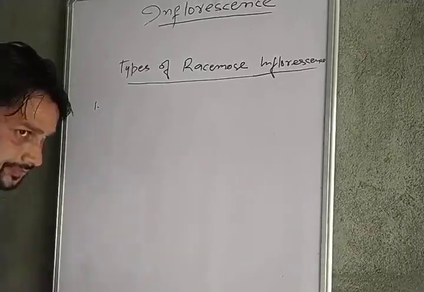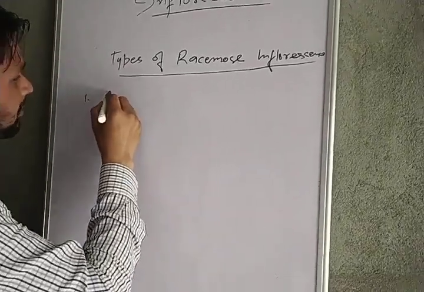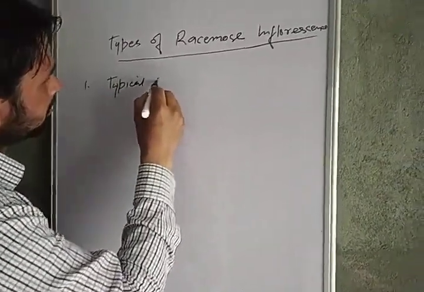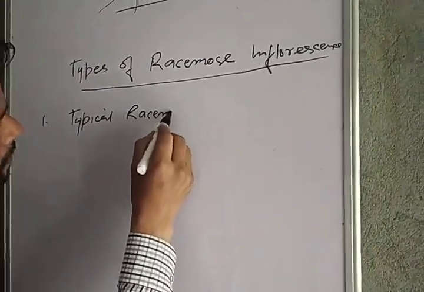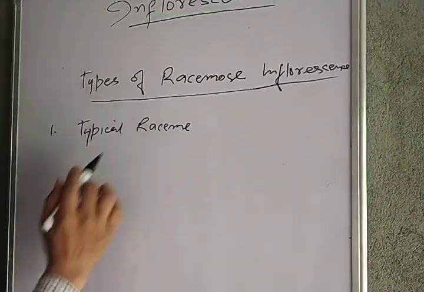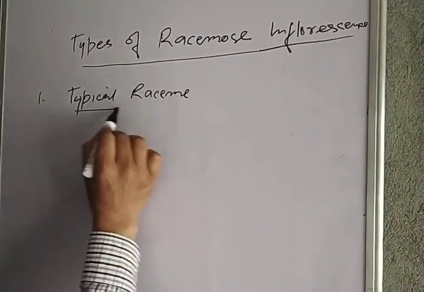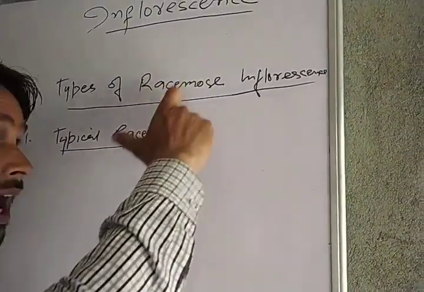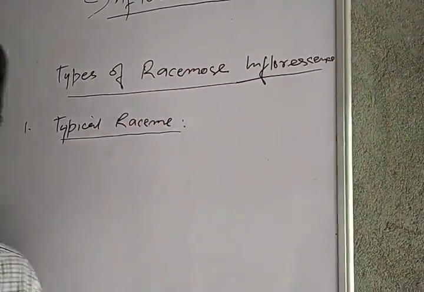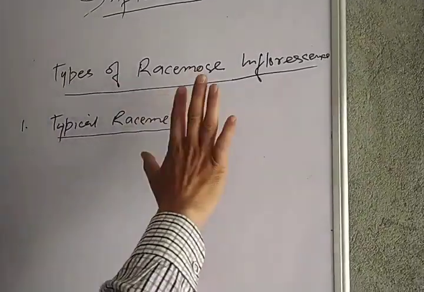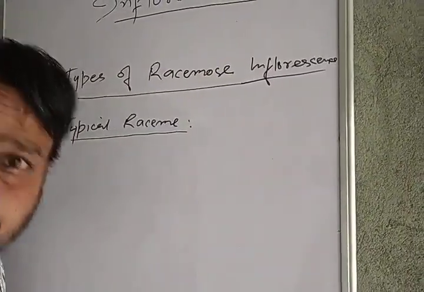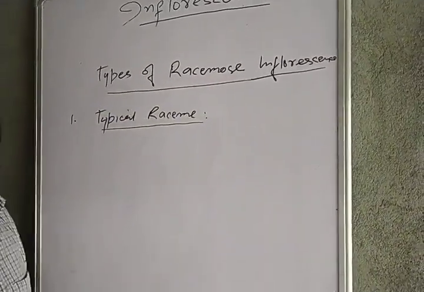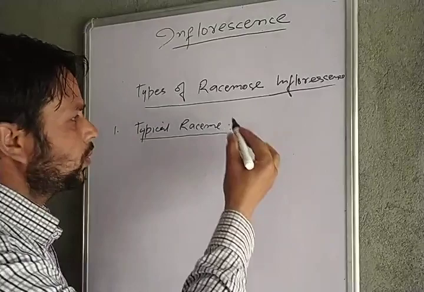Number one is typical raceme. Now, what is a typical raceme? A typical raceme is that racemose type of inflorescence in which pedicellate flowers are born on the peduncle, or on the floral axis.